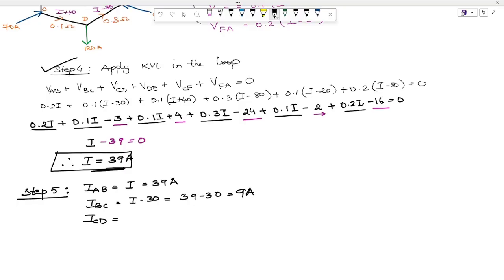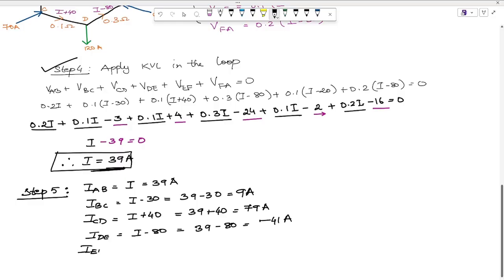ICD is equal to I plus 40, so it is 39 plus 40, which is 79 amperes. IDE is I minus 80, so that is 39 minus 80, so it is minus 41 amperes. IEF is I minus 20, so that is 39 minus 20, which is 19 amperes. And finally we have IFA, which is I minus 80, that is again minus 41 amperes.